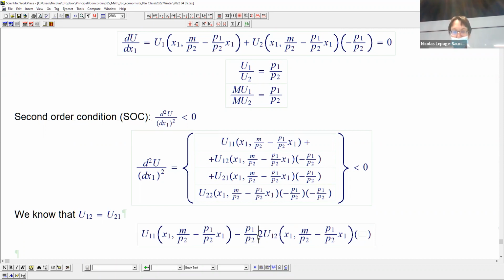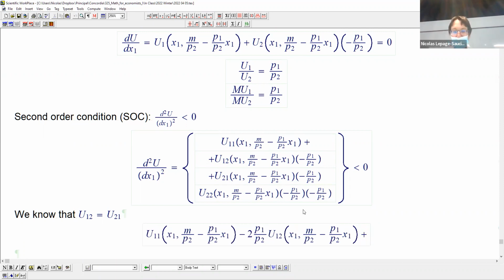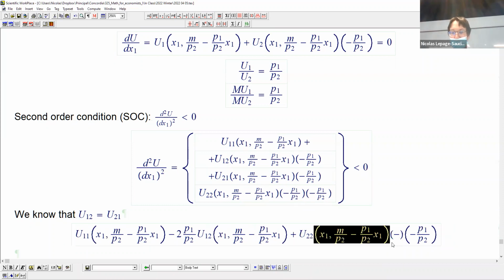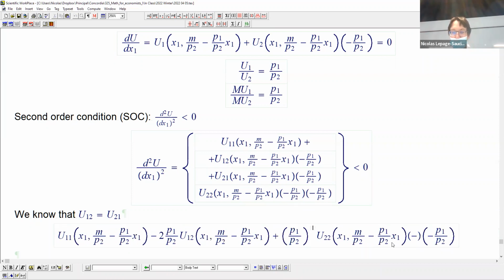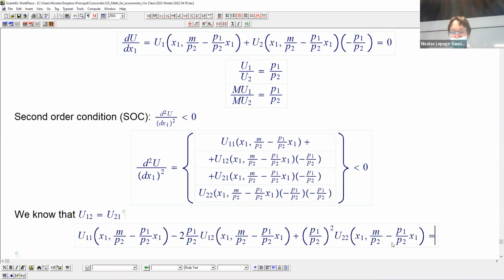So minus 2, and then plus U22 times, and the minus multiplied by the minus becomes a plus. This should be equal to 0.